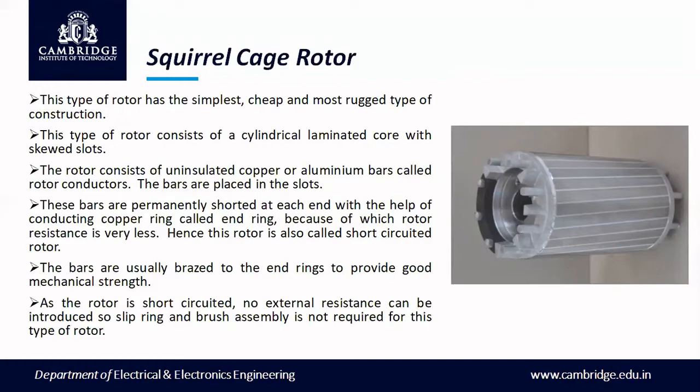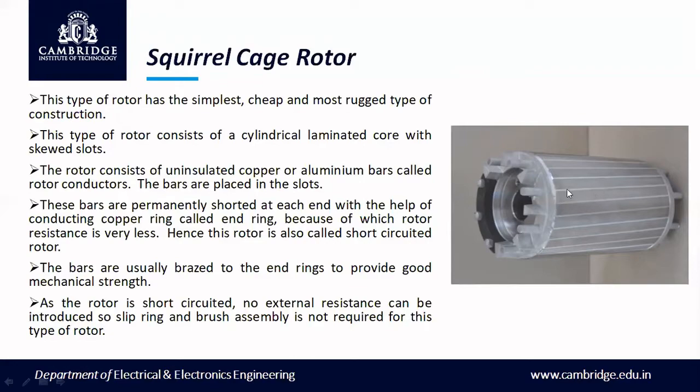This type of rotor consists of a cylindrical laminated core with skewed slots. You can see here, this is known as skewing. So the rotor consists of a cylindrical laminated core with skewed slots.